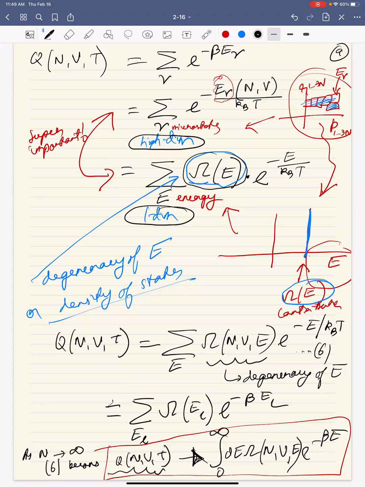So here I'm not even making a thermodynamic limit approximation. What I did over here is exact, because what we are saying is: if you had a fixed energy of the system, how many microstates would you have, right? If you had a fixed energy of a system, how many microstates could the system take? And that is a microcanonical ensemble. The microcanonical ensemble talks about fixed energy.